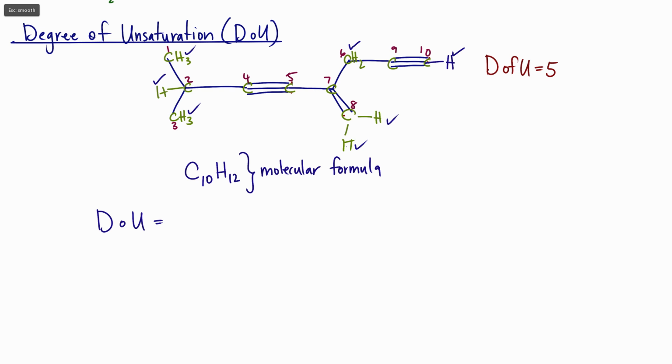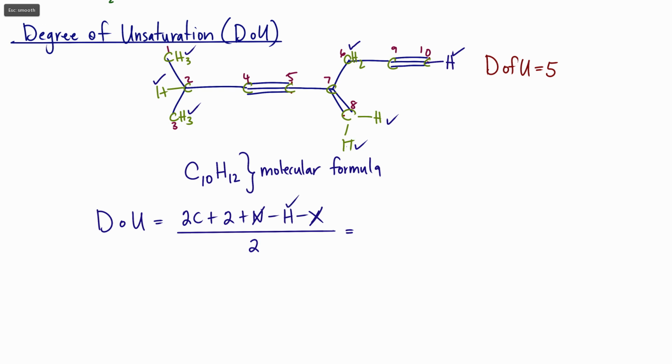And that formula was 2 times the number of carbons plus 2 plus the number of nitrogens minus hydrogens minus halogens, and all of that was divided by 2. So we don't have any nitrogen or any halogens. All we have is carbon and hydrogen.